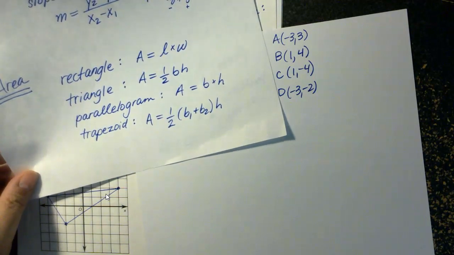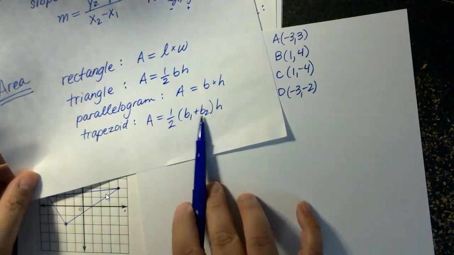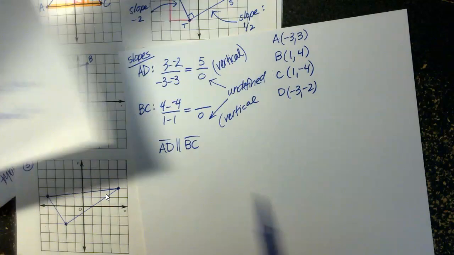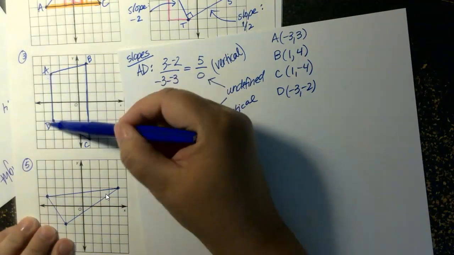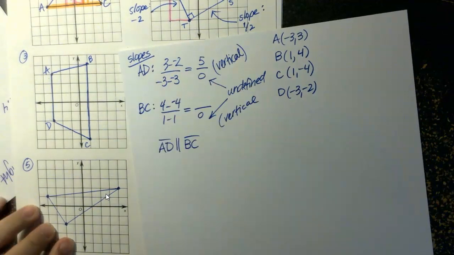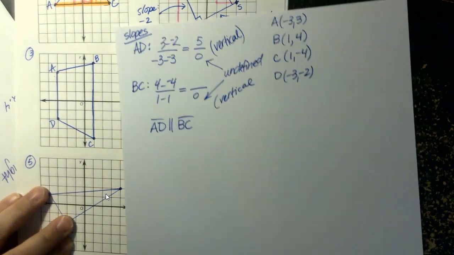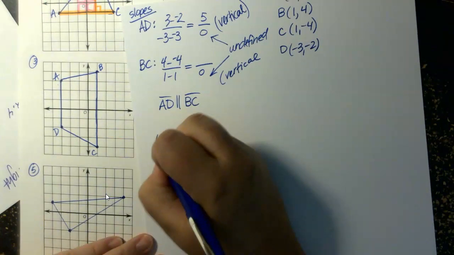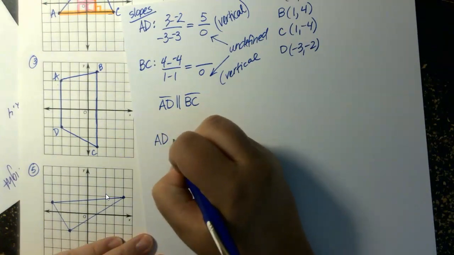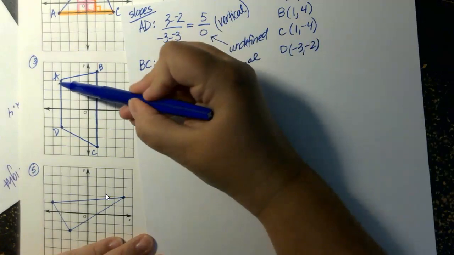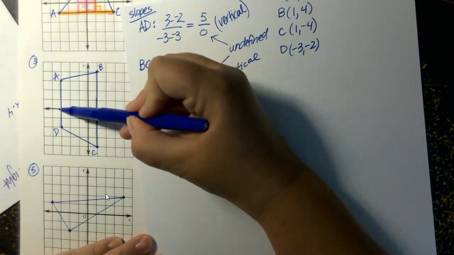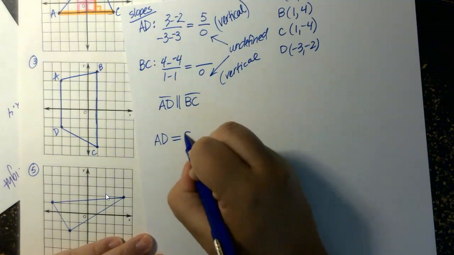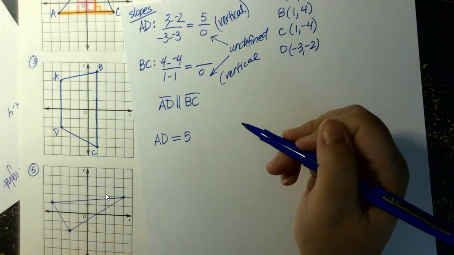Now, the parallel sides of a trapezoid are the ones that are the bases. So in this case, my bases are AD and BC. It's awfully handy that they are vertical, because when you have vertical segments, if you want their lengths, you can just count. The length of AD, 1, 2, 3, 4, 5. Remember to count the spaces, not the grid lines or the marks.